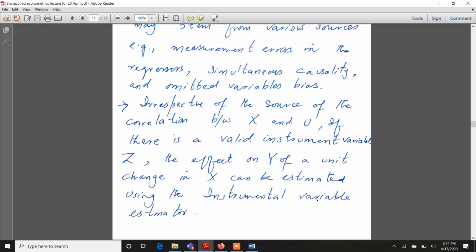So what can I do? I can use an instrument z, and by using this instrument I will obtain the effect on y of a unit change in x. That is, I will still be getting the same beta, which represents the relationship between x and y, but I will be using this instrument. So how to do that? Let me explain.